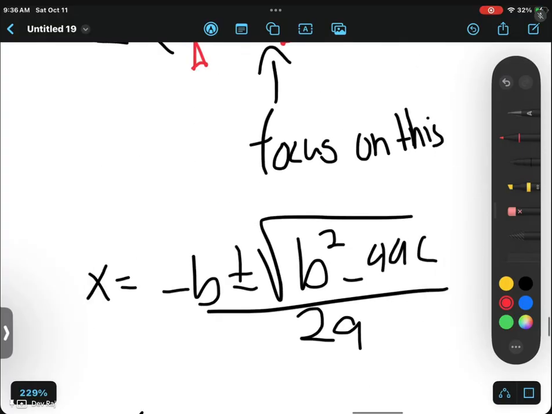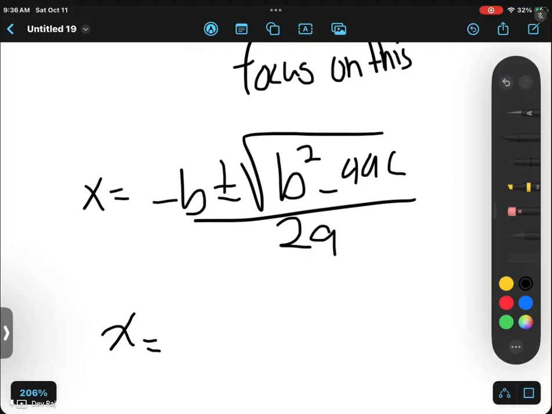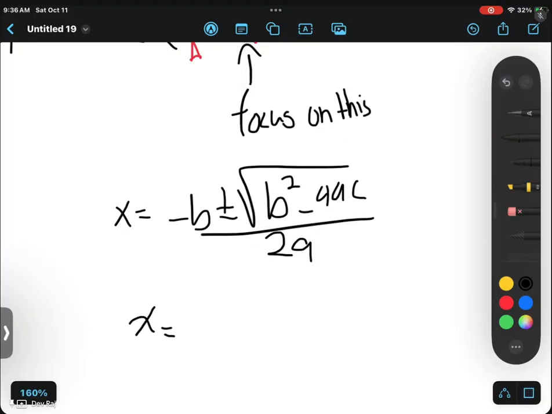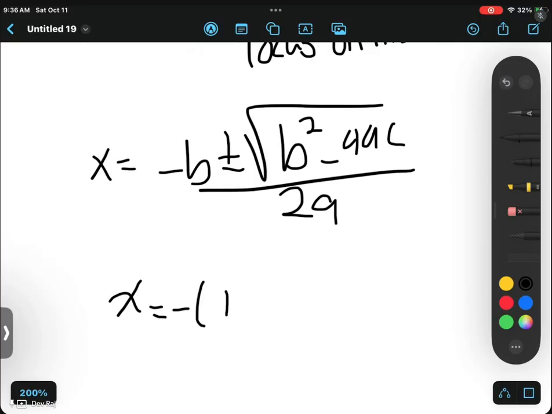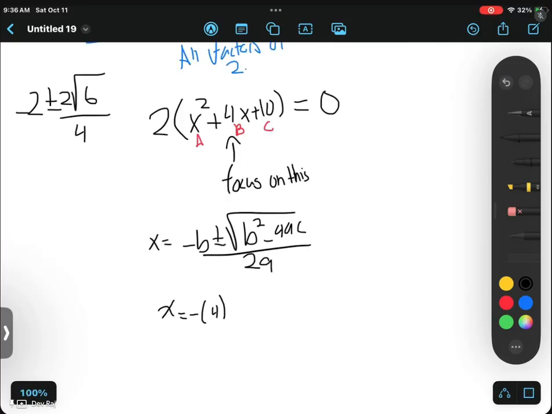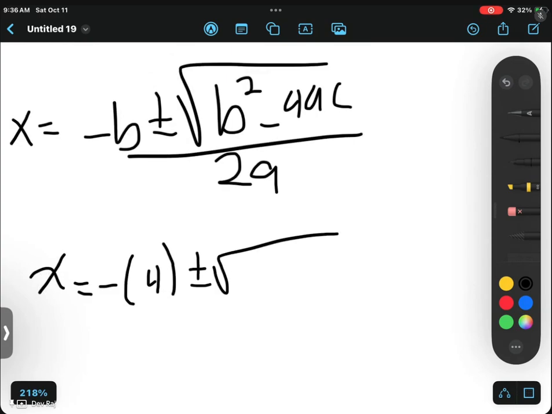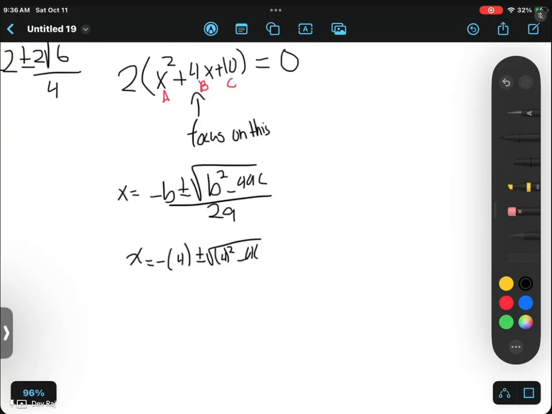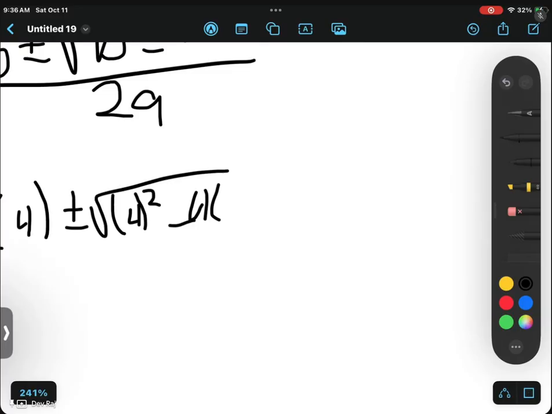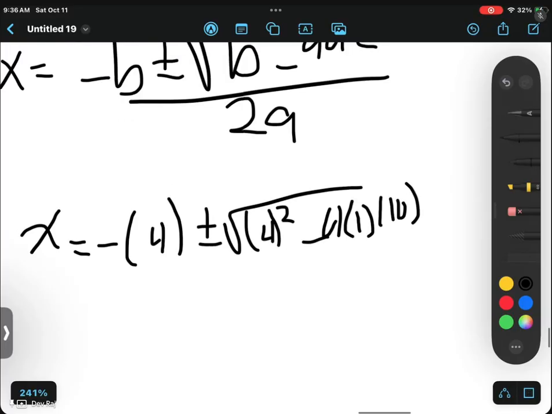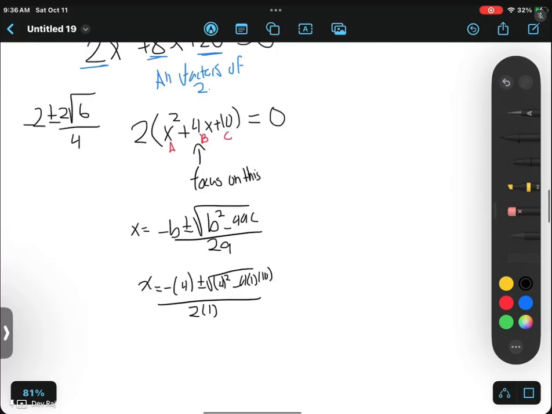So our b value is 4, so negative 4, plus minus the square root of b squared, which is just 4 squared, minus 4, and then a is 1, c is 10, and then we put this all over 2 times 1. So in this step we just plugged in our numbers.